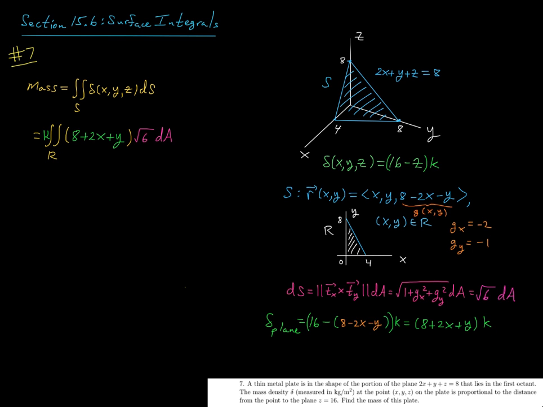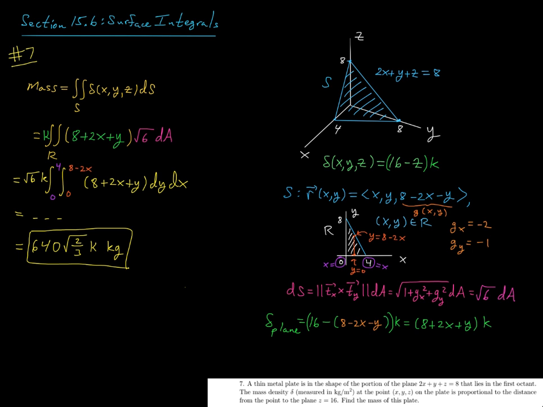Now let's substitute in all the relevant pieces. We have delta evaluated along the plane, this quantity in green, and I pushed the proportionality constant k out in front. dS is root 6 times dA, and we're going to integrate over this triangle R in the xy plane.